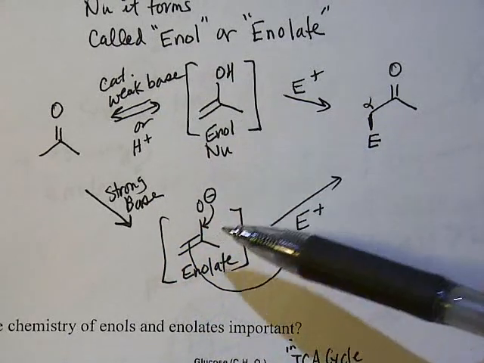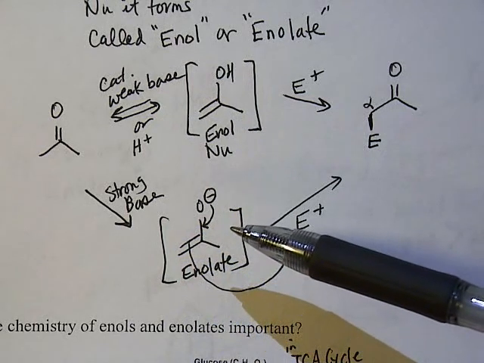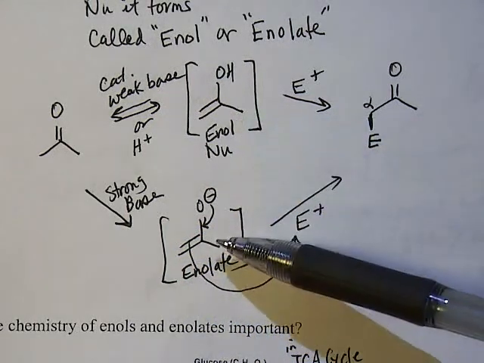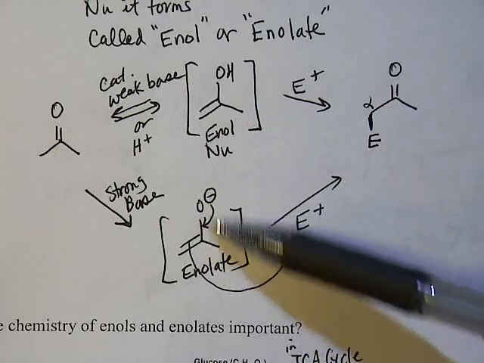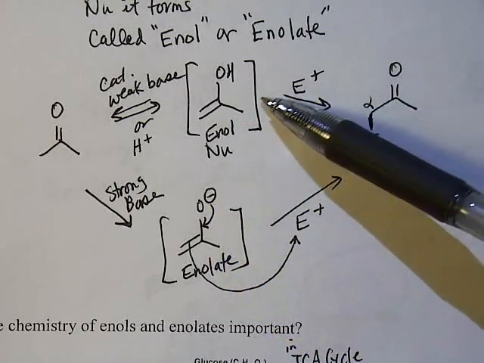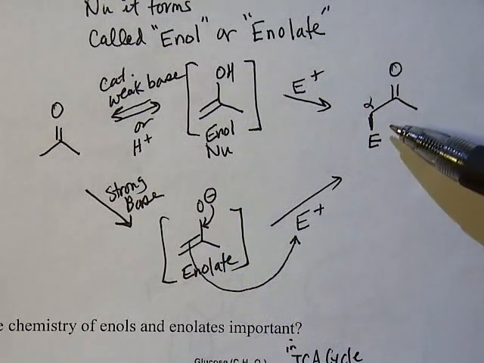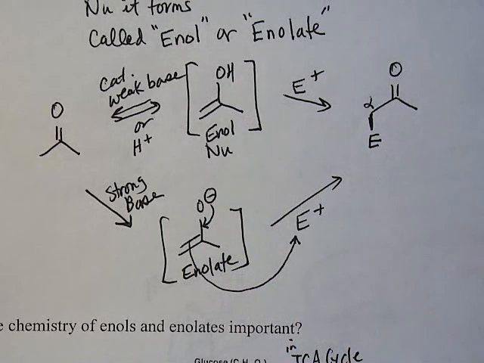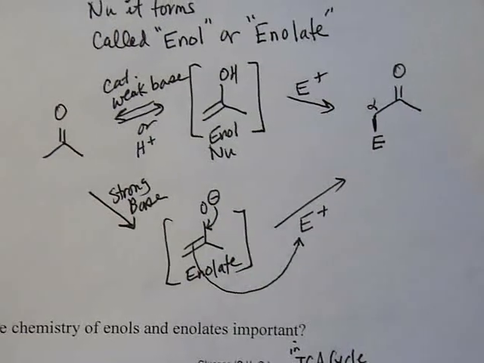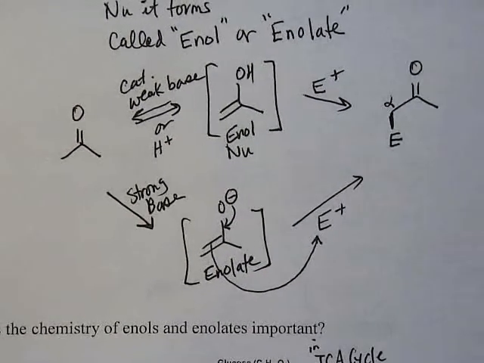And they're going to have different properties as a nucleophile, because one is neutral and one is negatively charged. And then when they go on to react with the electrophile, even though they give the same product, the yield will be different, and this is all dependent on the condition.